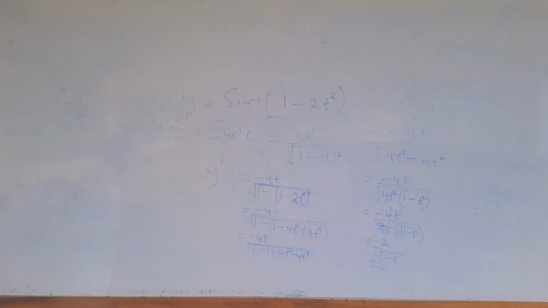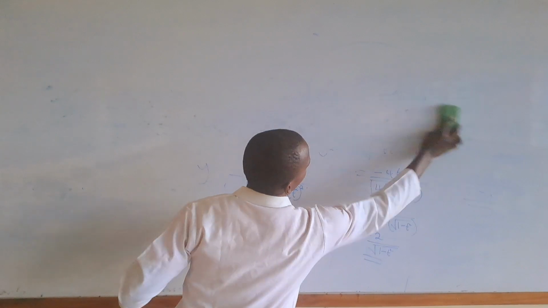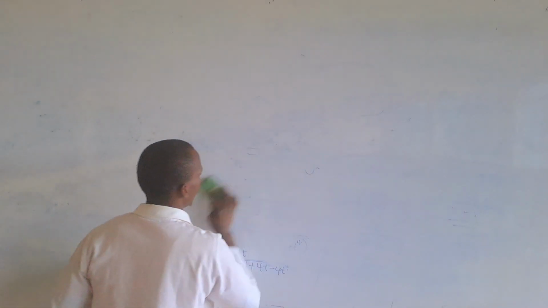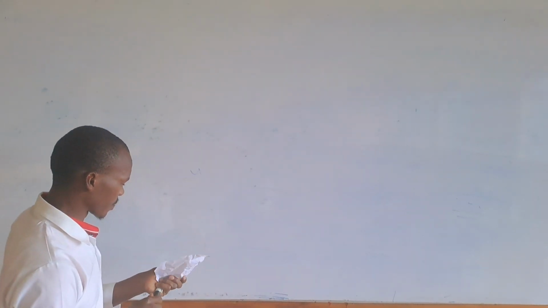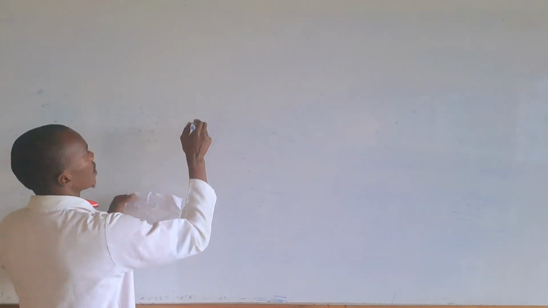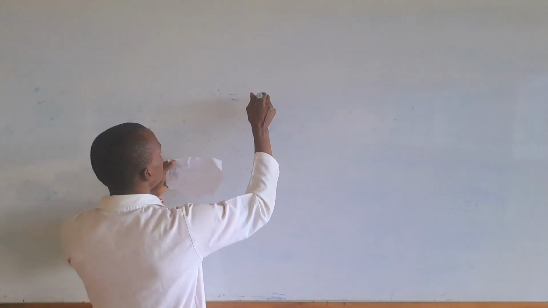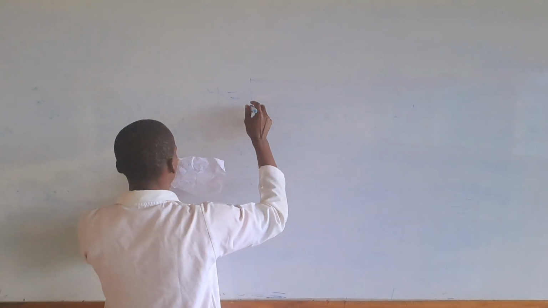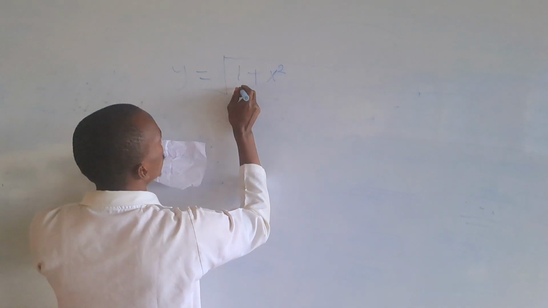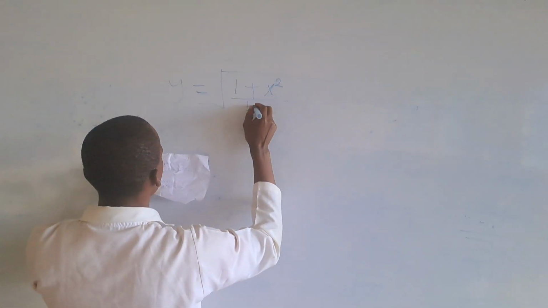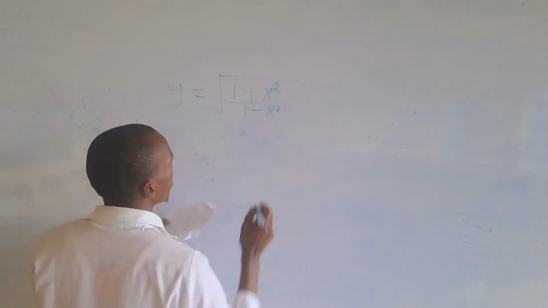Let us also take another example here. Find the derivative of y equals the square root of 1 plus x squared over 1 minus x squared.